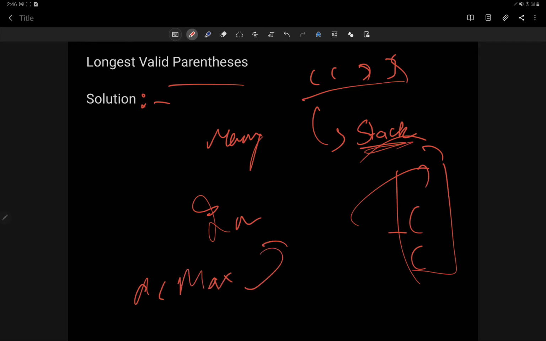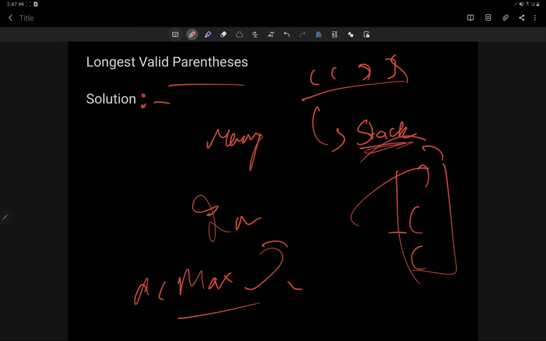We compare the count, and if it's greater than the max count, we update the max count, and if not, we don't update it. At the end, whatever value is stored in the max count is our final answer. So that's one approach that could be used here, but we can make a more optimized approach.